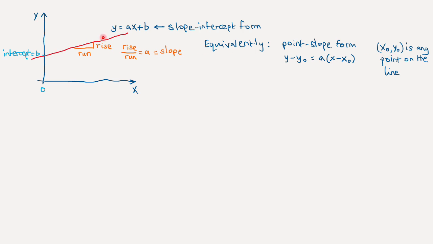So any point along the line, so the x value would be whatever the horizontal axis value is, and the y value would be whatever the vertical axis is. And we're going to call the horizontal axis value x0 and the vertical axis value y0.